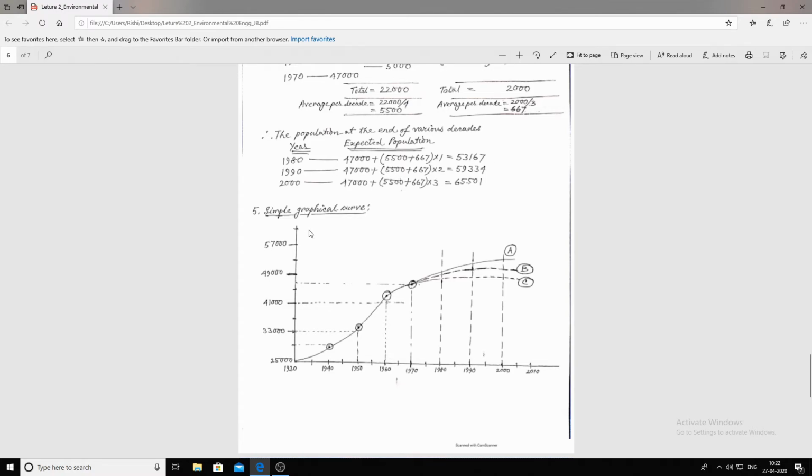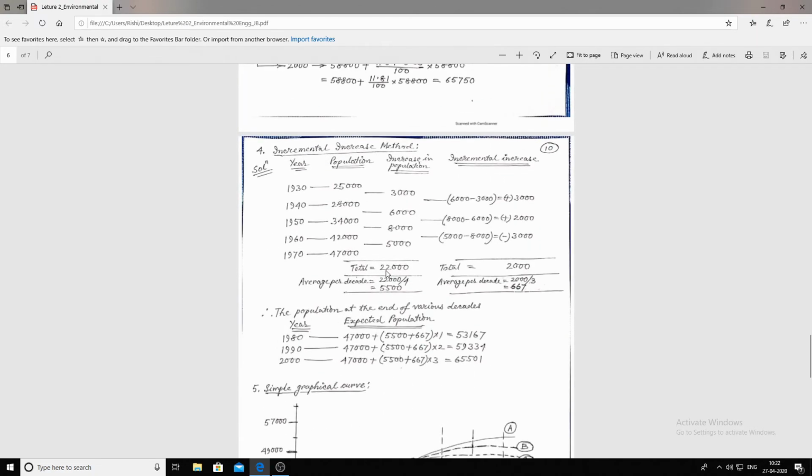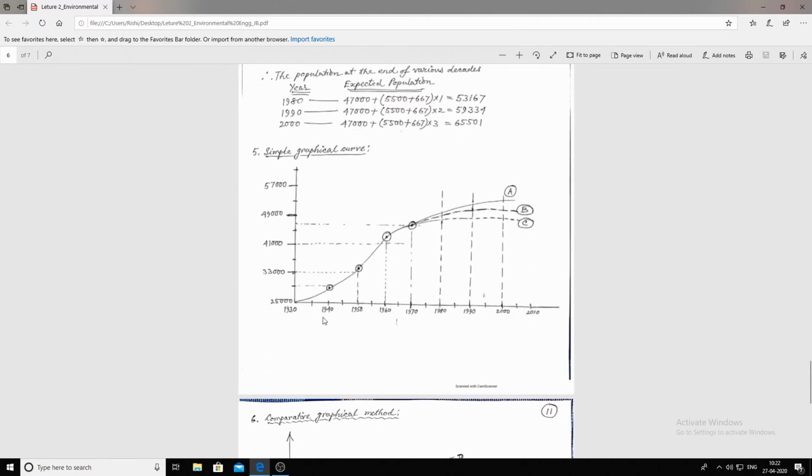Next is the simple graphical method. From 1930 to 1970, this data has been given. From this data I have plotted this curve up to this point. Now, we have to extrapolate the curve following this path.